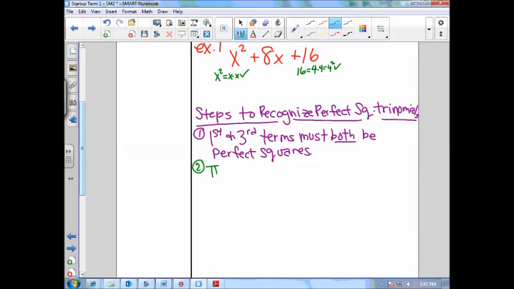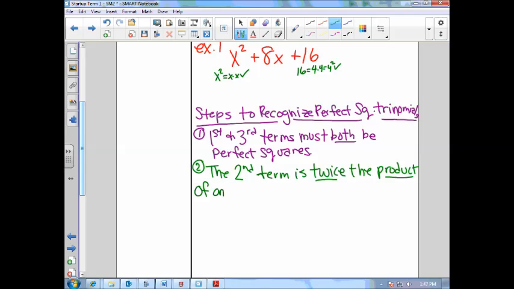The middle term, or the second term, is twice the product. Okay, what does twice mean? 2. What does product mean? Multiplication, so we're multiplying by 2. Twice the product of one factor from the first term.